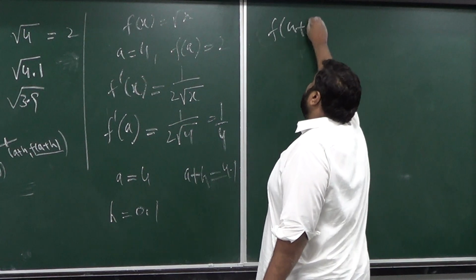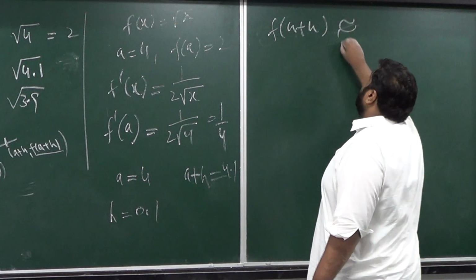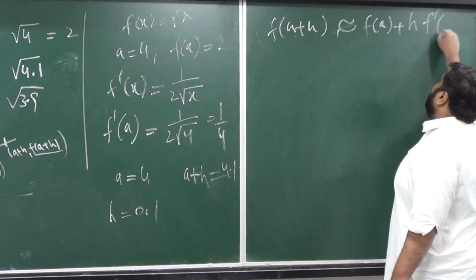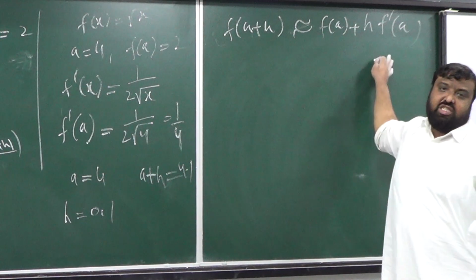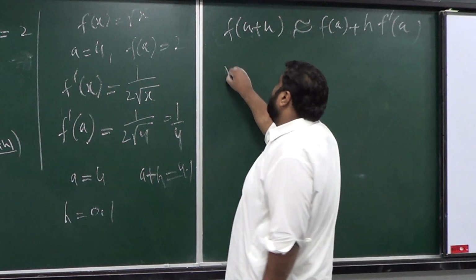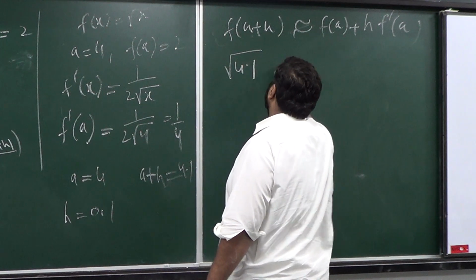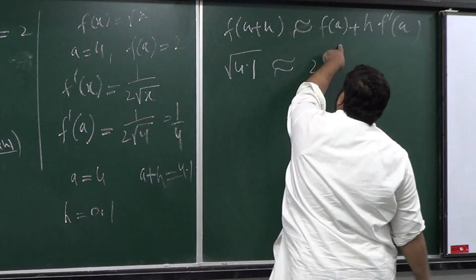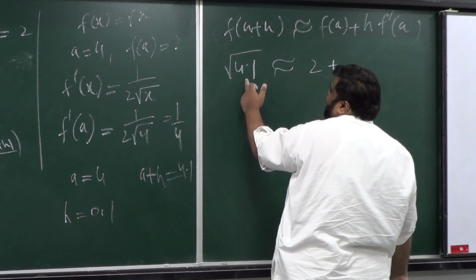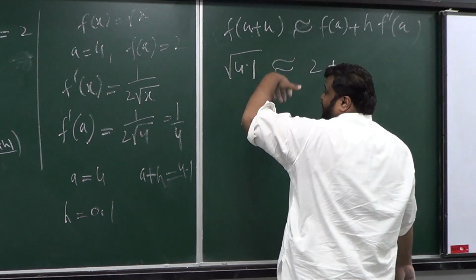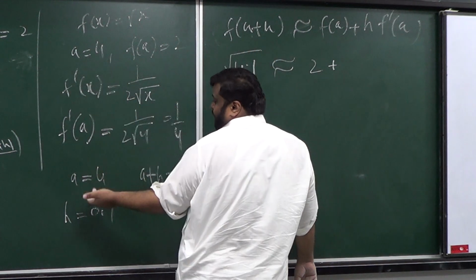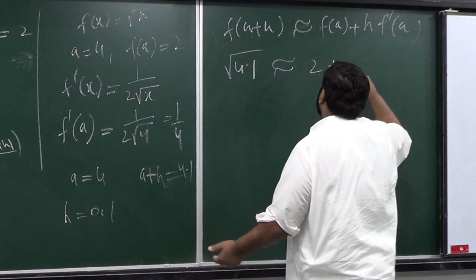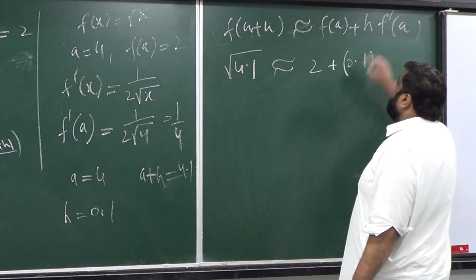Since f of a plus h is approximately f of a plus h multiplied by f prime of a, and I know all this stuff, the square root of 4.1 is approximately f of a, which is 2, plus h, the difference between your previous point and the new point, which is 0.1, times f prime of a.